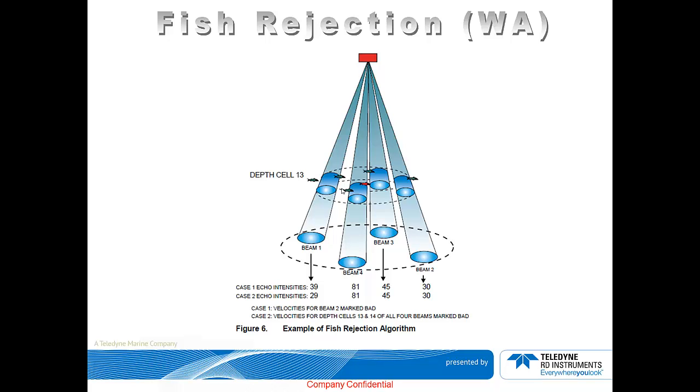But what if what the DVL detected was actually a fish or just other hard objects that are not moving along with the current, meaning they're moving at different speed and direction than the water current, just like what is shown in this picture for a particular depth cell. Obviously, without the WA threshold, we risk having bad or questionable data.